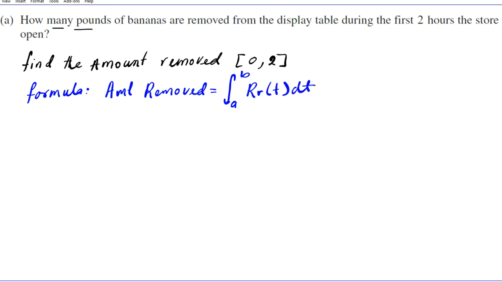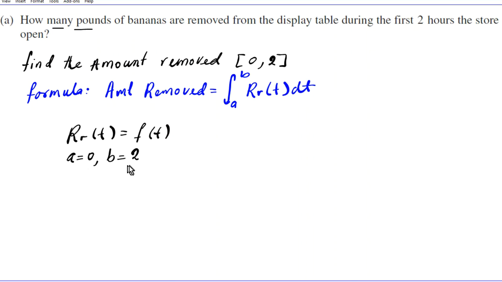We just need to find the limits of integration and the removal rate. In this problem, the removal rate is the f of t function, and the lower bound, the starting time, is 0, and the upper bound, the stop time, is 2.